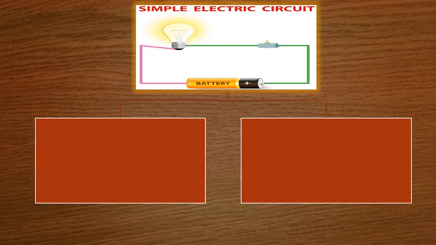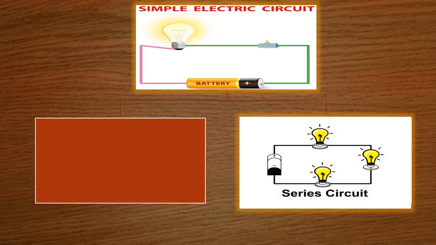And this circuit is of two kinds too. The first kind is the series circuit. In such a type of circuit, the devices are connected serially, that means one by one. The first bulb is connected with the second bulb, and the second bulb is connected with the third bulb.